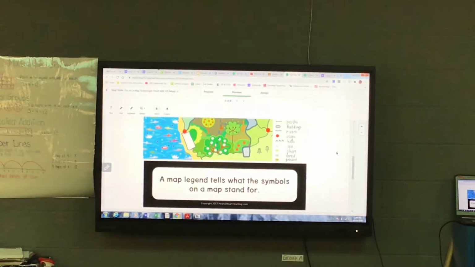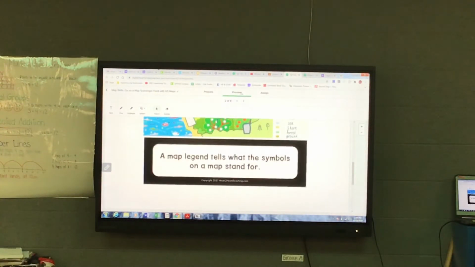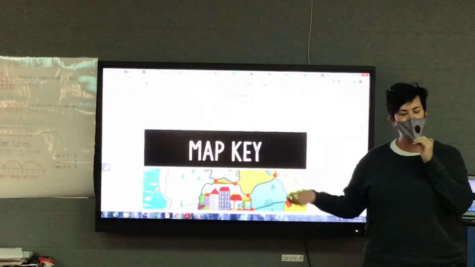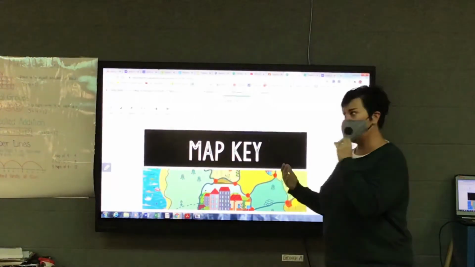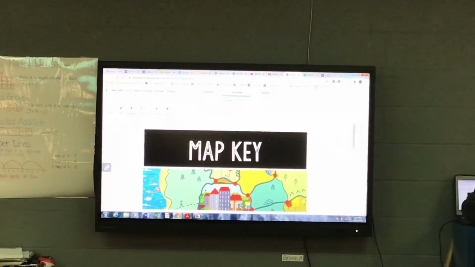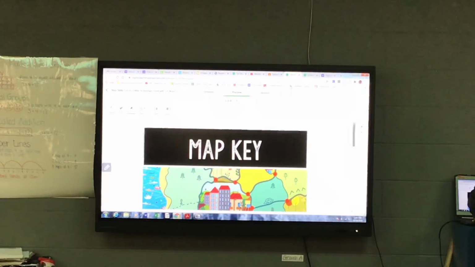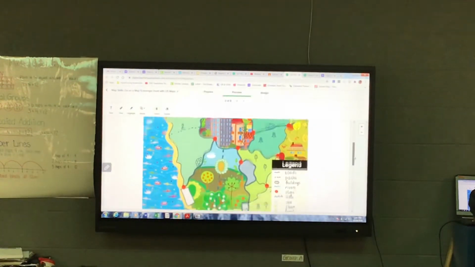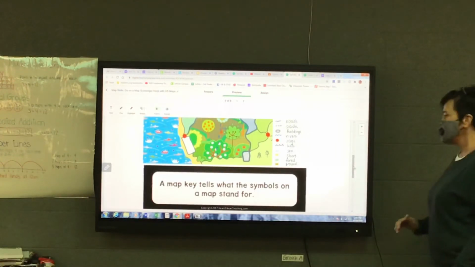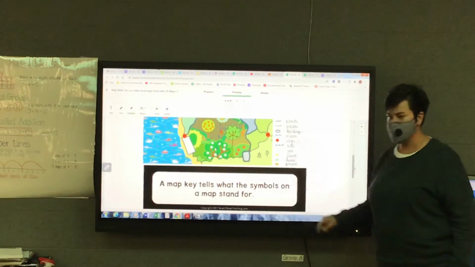Let's look at the next slide. Oh, now we have a map key. We just talked about a map legend, but now they want us to talk about a map key. Is this any different?